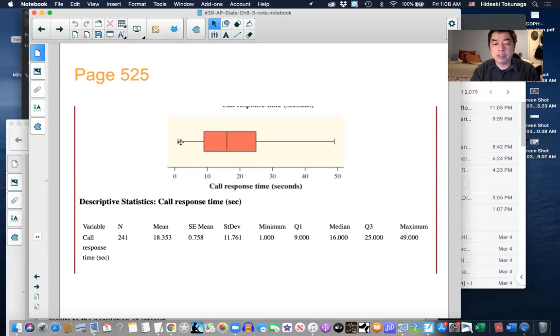Spread is a range of 0 to 50 seconds, or maybe standard deviation is another S, okay? No outliers, right? And spread, standard deviation is given. So that's number one question.